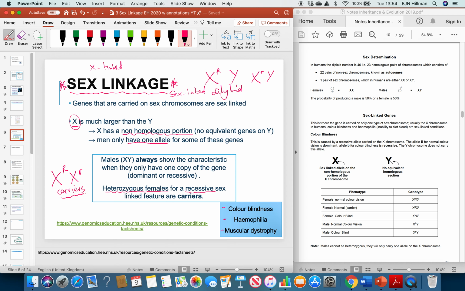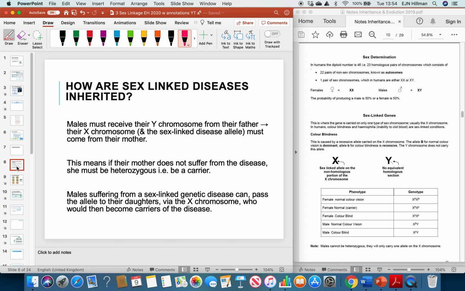Females can donate 2 X's. So what we're saying here is a male could only pass on his Y chromosome to a son, whereas a female would pass on the X chromosome to a son or a daughter. So males must therefore receive their Y chromosome from their father.